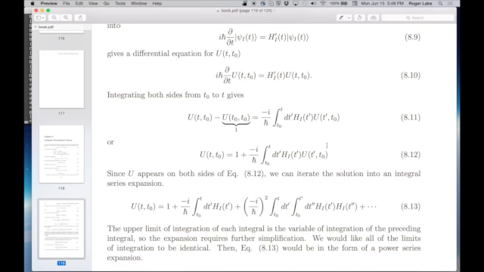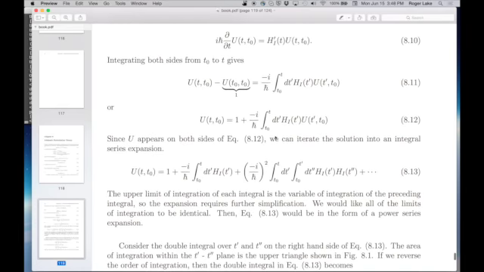And U occurs on both sides of that equation, and so you can immediately think of starting to iterate that equation just like you would iterate a power series. And so that's what I do on the next line. I show the first iteration of that. If you were to just start iterating that, like you would iterate a power series, the first time you just put the 1 back in here and get this term, right?